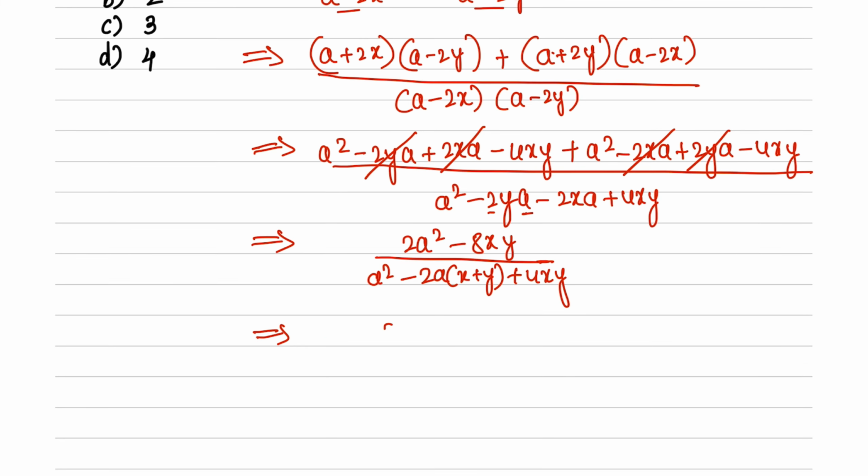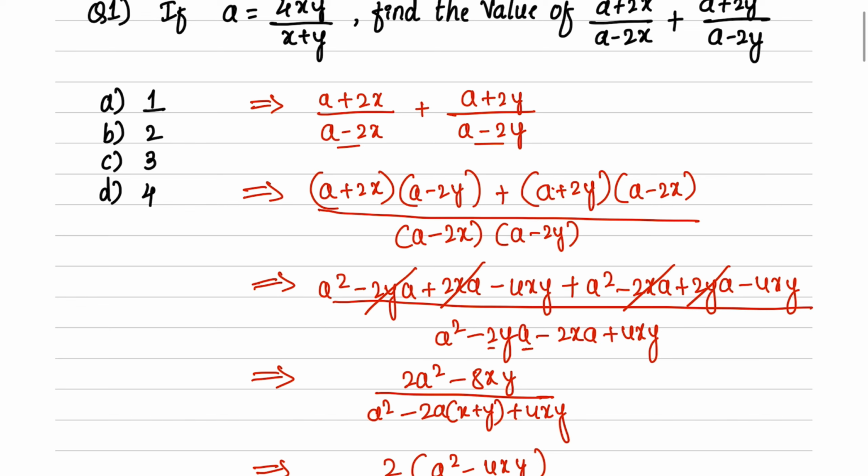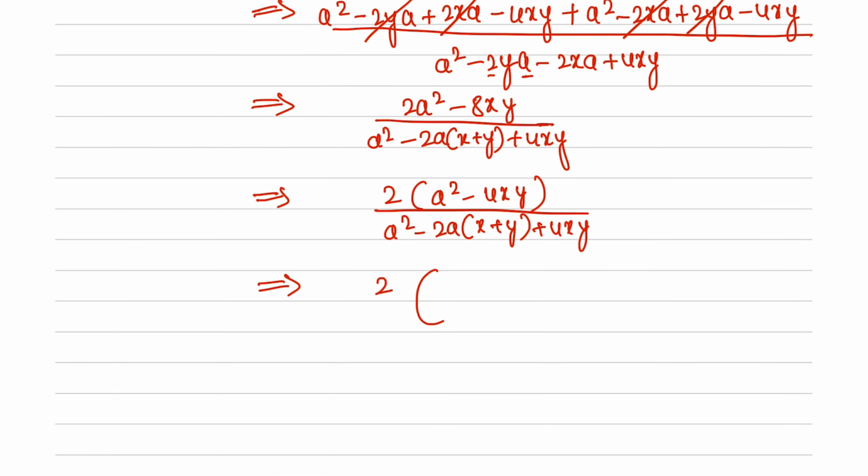So take 2 common, it will be a square minus 4xy divided by a square minus 2a into x plus y plus 4xy. Now substitute 4xy by x plus y in place of a. So it will be 16x square y square divided by x plus y whole square.